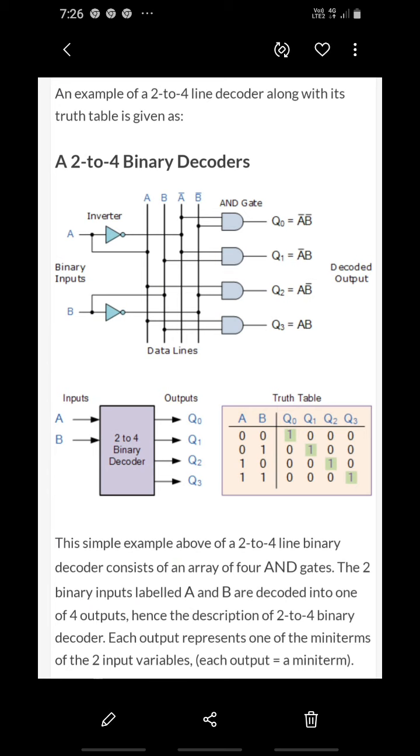An example of a 2 to 4 line decoder along with its truth table is given as a 2 to 4 binary decoder.